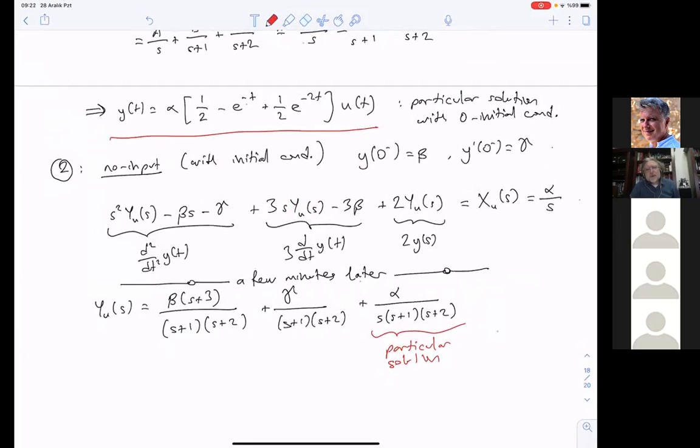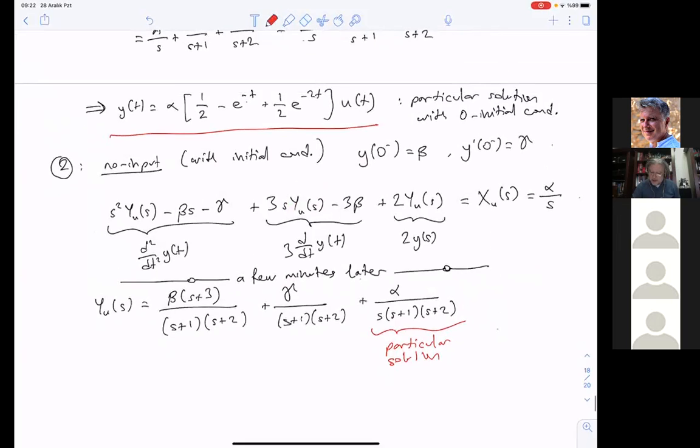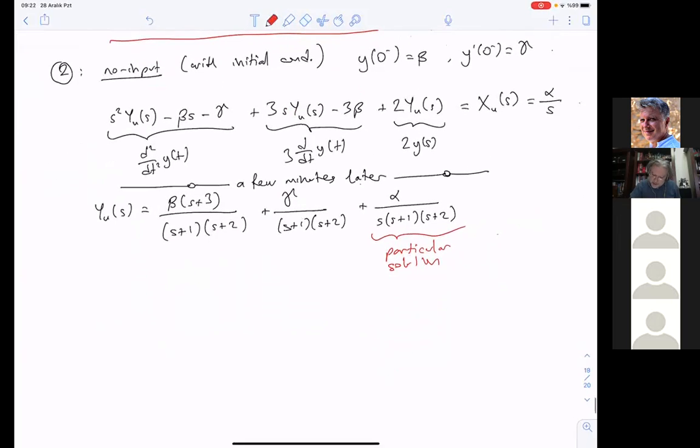Okay, so the alpha part is the part that we know, and it comes from the perturbation, the unit step. As you see, there is also this 1 over s or alpha over s appearing here, which is the input essentially. And this is the system response.